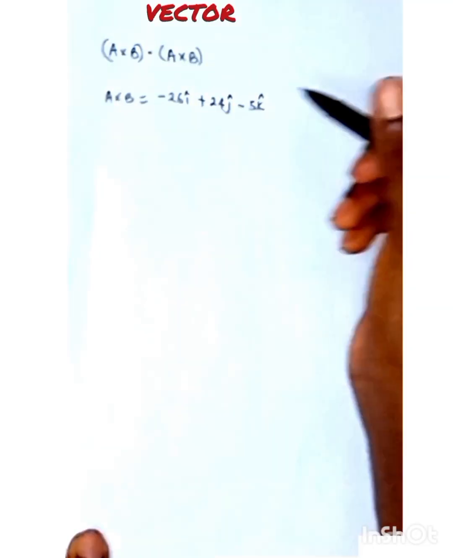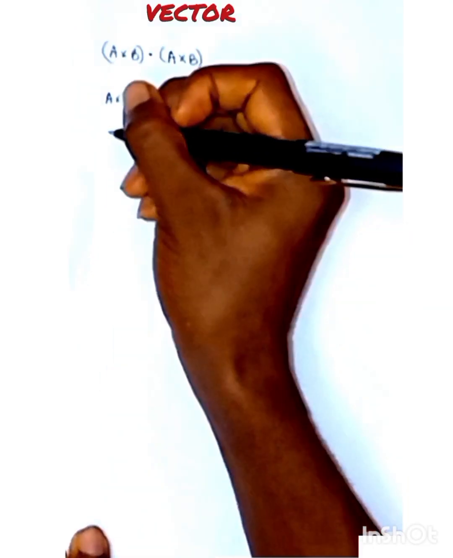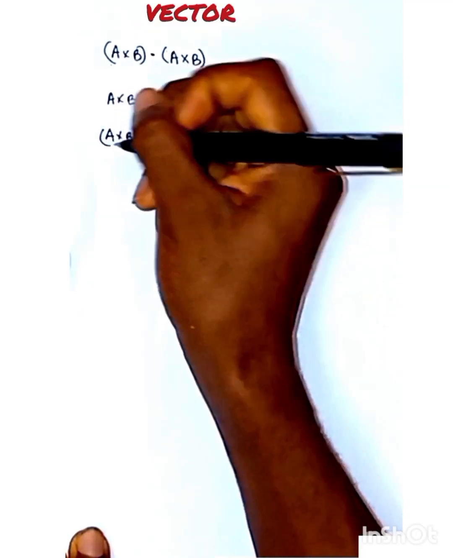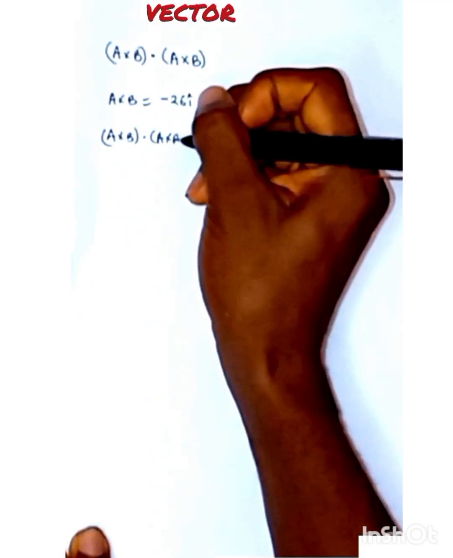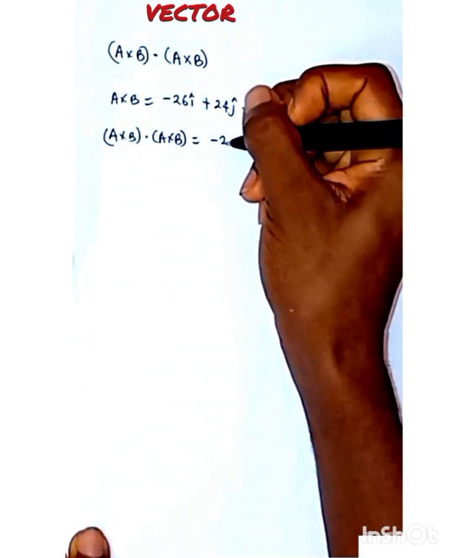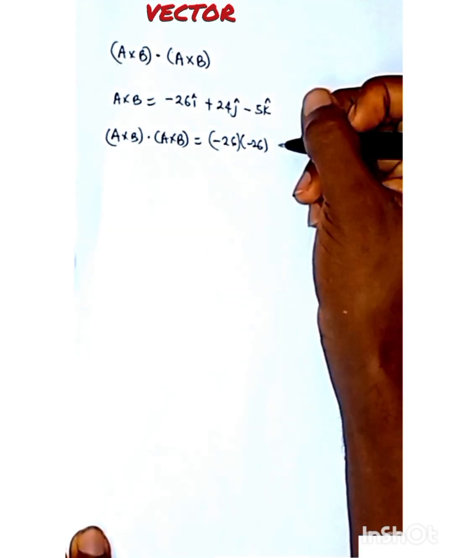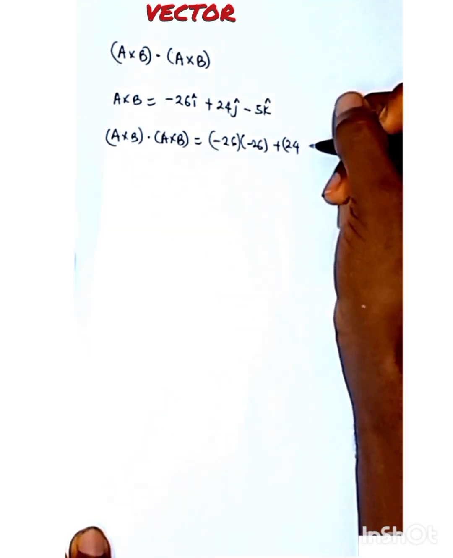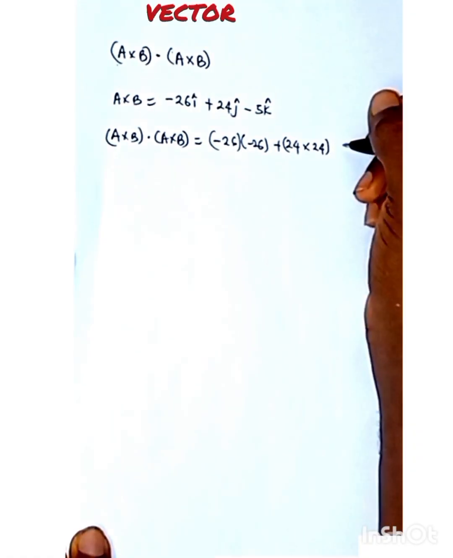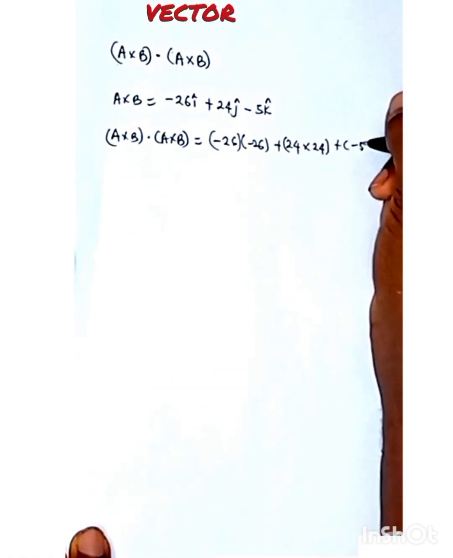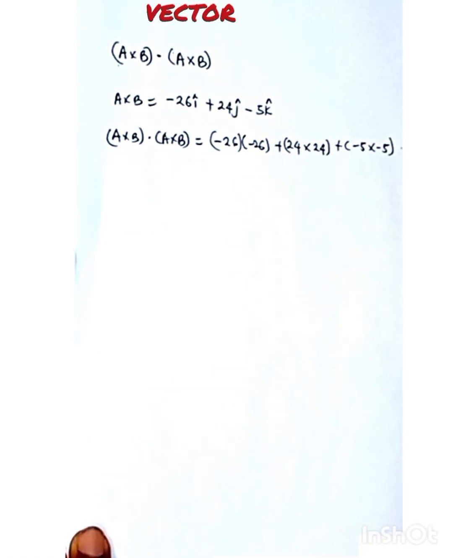Then we take the dot product of this, which is minus 26 multiplied by minus 26, plus 24 multiplied by 24, plus minus 5 multiplied by minus 5.